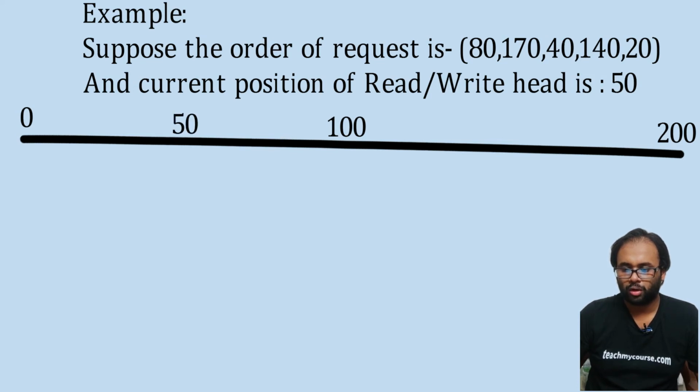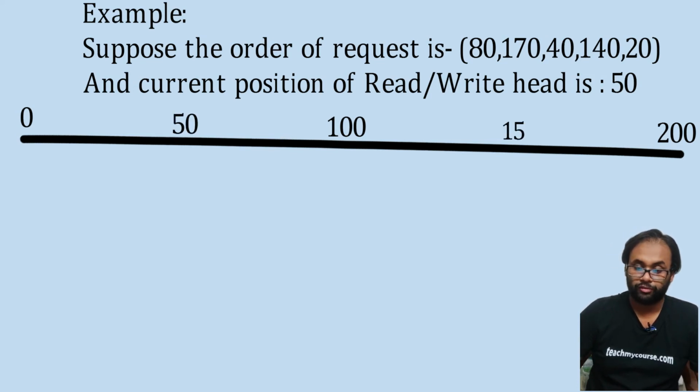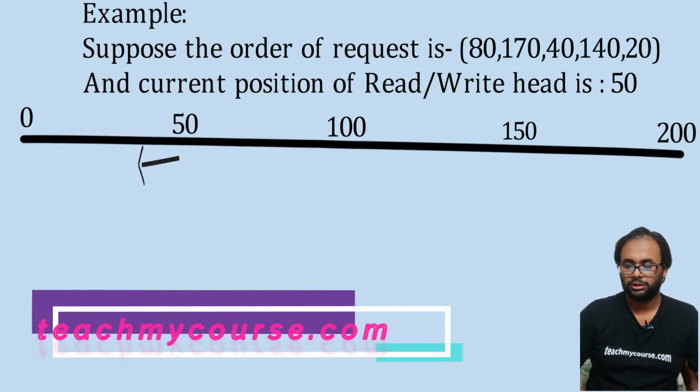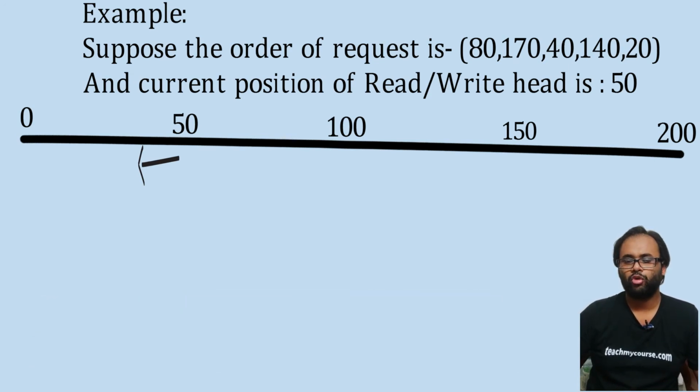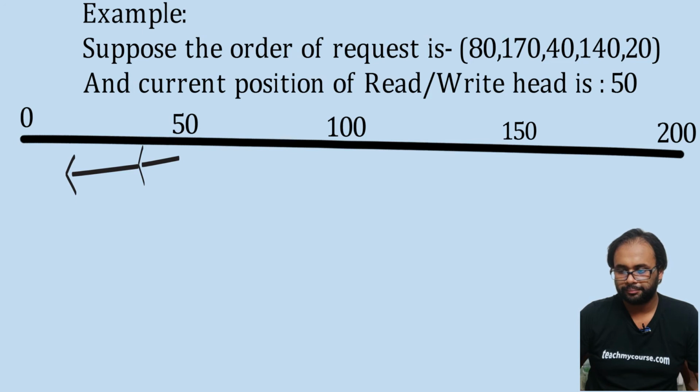The head moves from 50 to 40 and not towards 80 like in the previous case, because 40 is nearest to it, so the seek time would be minimum. It will serve its nearest request. Then what is nearest to 40? 20 is nearest to 40, so it goes to 20.